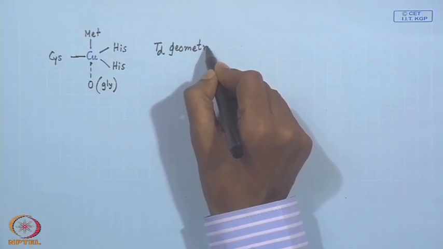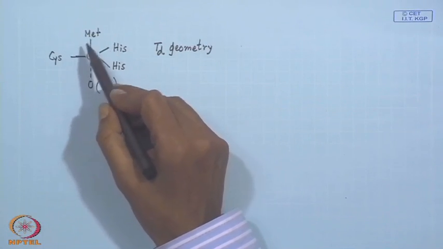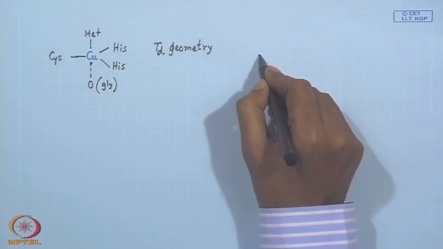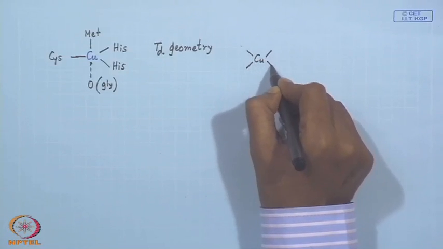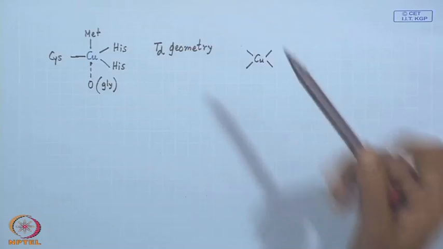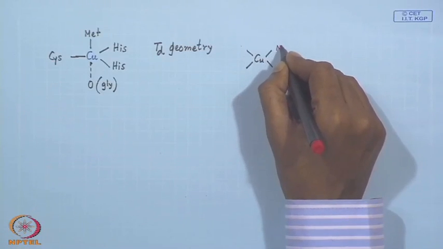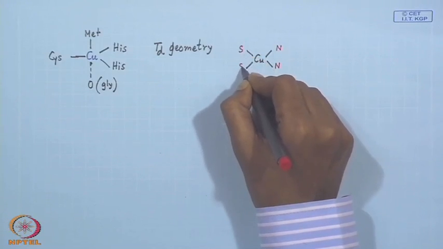If we just consider that you have these 4 coordinations only, we simply write sometimes that the type 1 copper in blue copper proteins is 4 coordinated, 2 of them nitrogen and 2 of them sulfur.